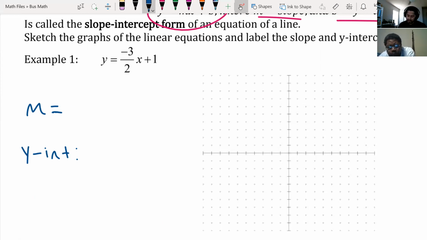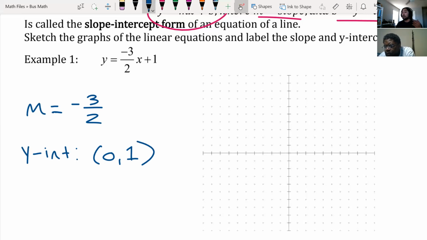Good. And then what's the second part? What's my y-intercept? 1. Good. My y-intercept is 1. But since it's a point on the graph, I'm going to rewrite it as 0, 1.